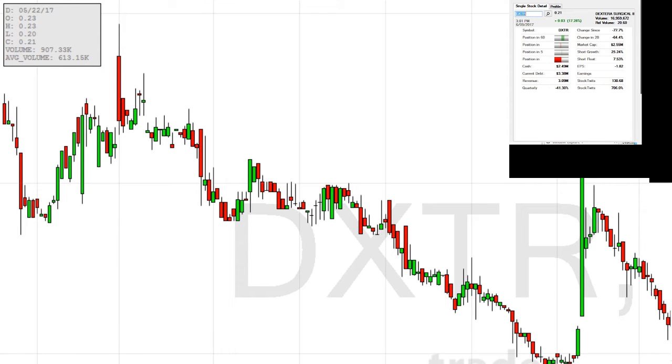So this is one that's kind of been pumped on there. It does have cash, but it has more debt. As you can see, it's got 2.49 million cash. It's got more debt than it does cash, with its revenue under its current debt. Its quarterly was down 41%. That's obvious because the stock has been doing nothing but drop for the past year and a half.